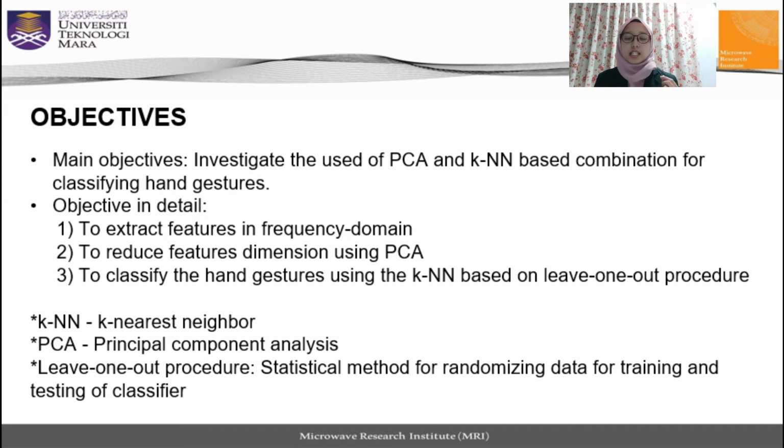To explain in detail, the first objective is to extract the features in the frequency domain. Then, reduce the feature dimension using PCA, and lastly, we classify the hand gesture using the KNN based on leave-one-out procedure. Leave-one-out procedure is a statistical method for randomizing data for training and testing of the classifier.